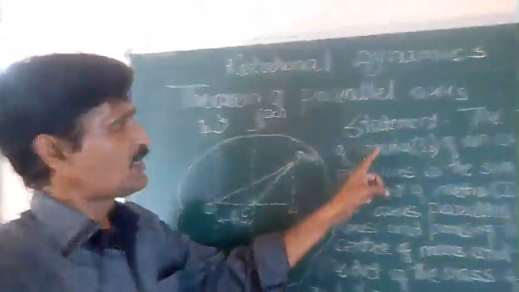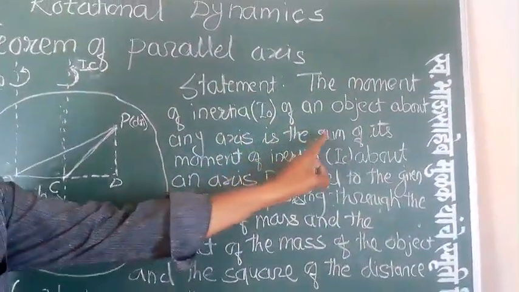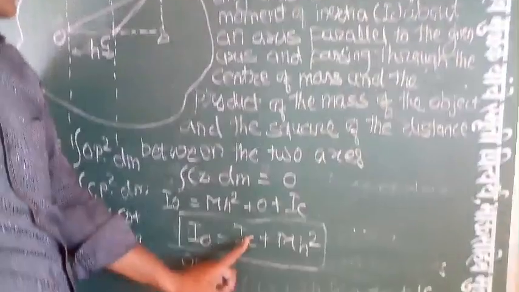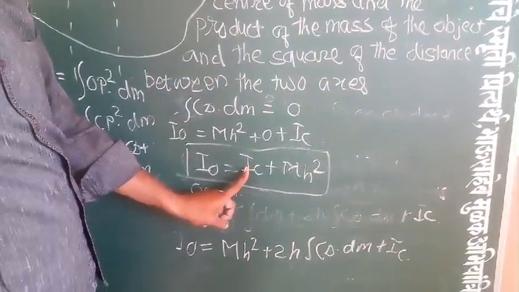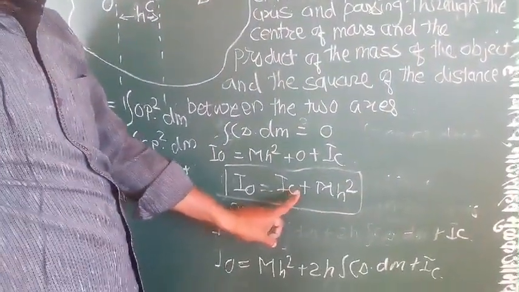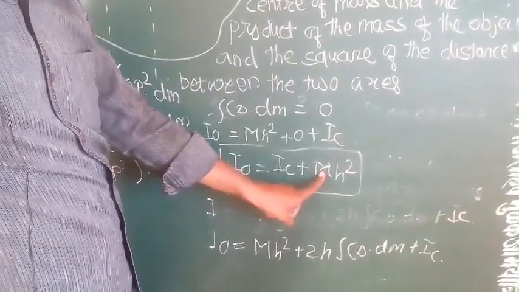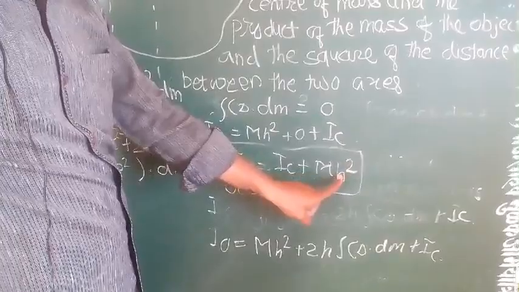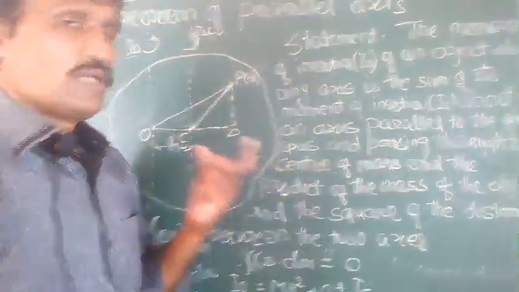So the moment of inertia of the object about any axis is equal to the sum of the moment of inertia about a parallel axis passing through the center of mass, that is Ic, plus the product of the mass of the object and the square of the distance between the two axes.